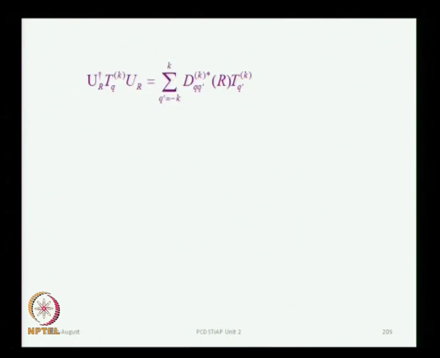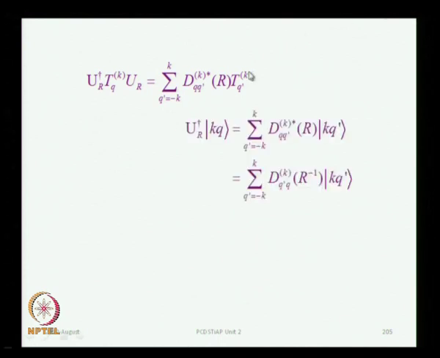Now, both of them have very similar response to rotations. This is really interesting, because if you look at this relation, the response to rotation of this component is that you get a sum over all the remaining components, the coefficients being the elements of the Wigner D matrix. Likewise, if you see the response of an angular momentum vector to rotation, you have an exactly identical relation. The first relation over here is for irreducible tensor operators.